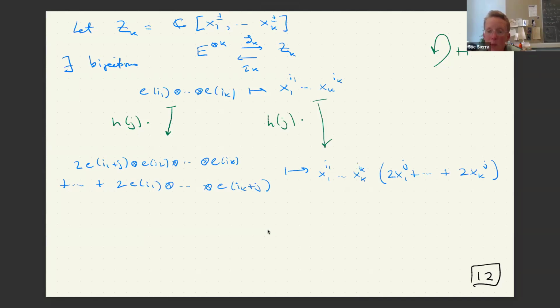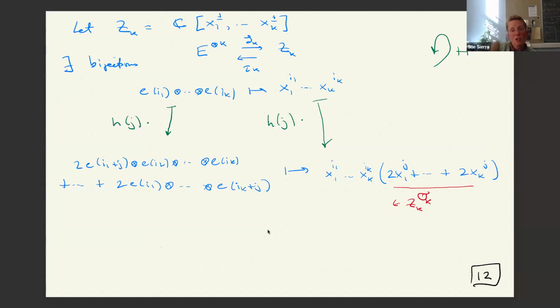It sends it to x1 to the i1 through xk to the ik times 2 times x1 to the j out through xk to the j. So again, of course, a sum of k terms. And the thing to notice here is that I've multiplied my original monomial by a symmetric polynomial. This x1 to the j out through xk to the j is in the invariant ring of Z_k under the action of the symmetric group on k letters.